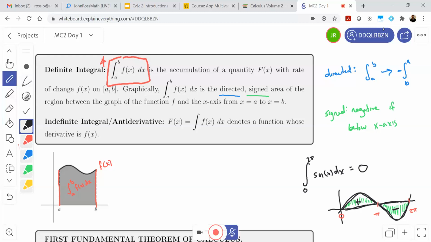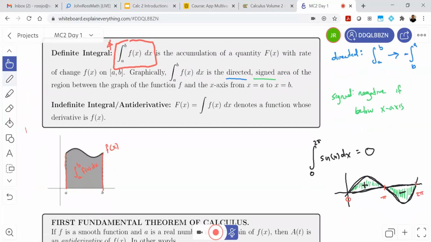So that is our definite integral. Of course, we can compute definite integrals, and we will compute them before this class is up. We also have an indefinite integral, also called an antiderivative. There's some potentially very confusing language here between definite integral and indefinite integral.